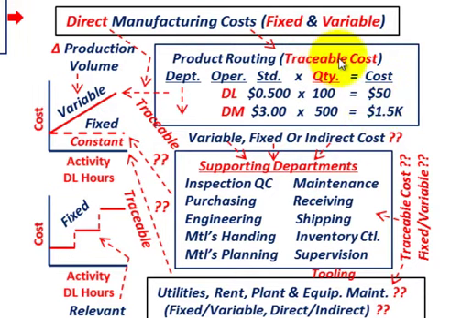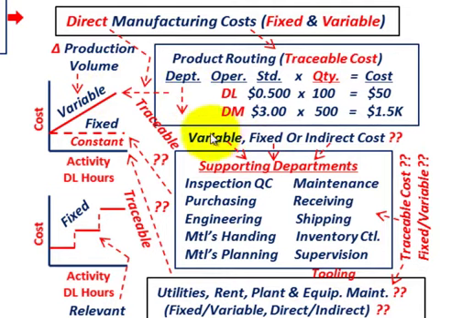So you can understand all these are traceable costs, because we can define exactly what the cost is for that product. It also is a variable cost because it changes with the production volume. The quantity increases, you have a greater variable cost for your direct labor and direct material. So those are pretty easy to understand as far as being direct manufacturing, traceable, and also a variable cost.